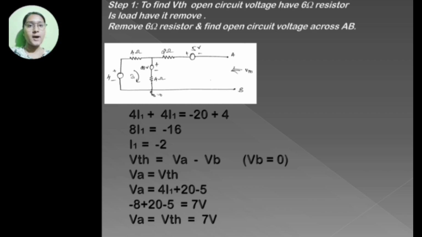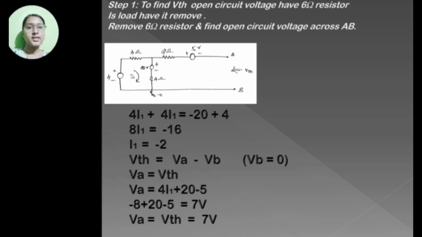In this figure, we apply the loop analysis method in loop 1. We get 4i1 plus 4i1 equals minus 20 plus 4. 4 plus 4 is 8i1 equals minus 20 plus 4, which is minus 16. I1 equals minus 16 divided by 8, which is minus 2.